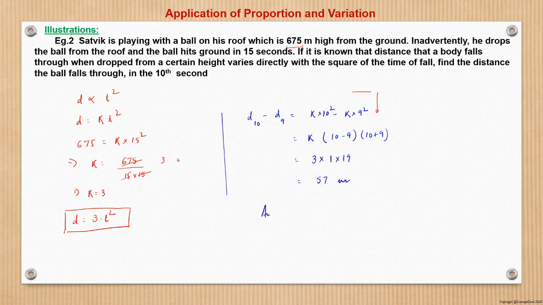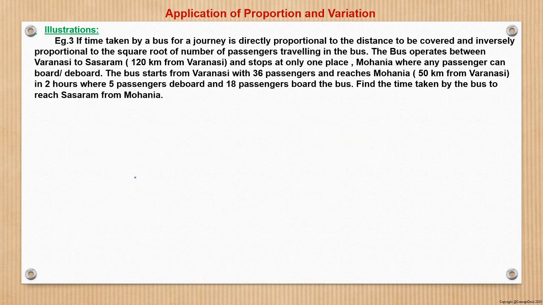So the answer is 57 meters. The ball covers a distance of 57 meters in the 10th second. So this was a question on variation, where we use the concept of direct variation and how to solve the question.